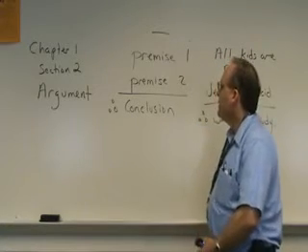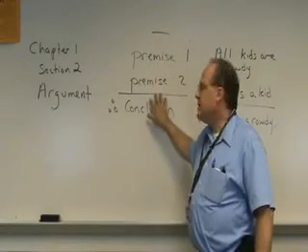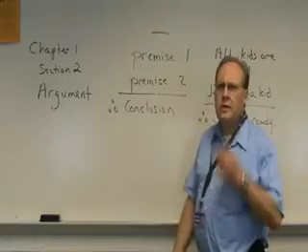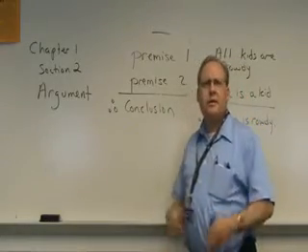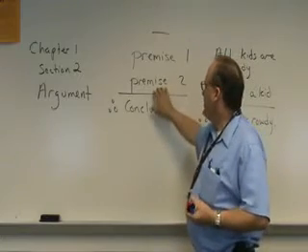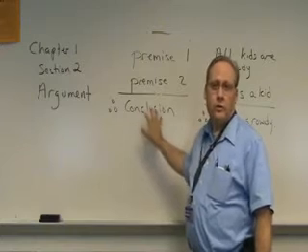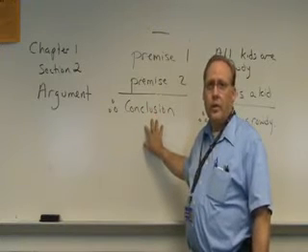So the first thing is, an argument essentially is a set of premises, and premises are statements that we have determined to be true. And from those premises, you will arrive at a conclusion which should also be true.